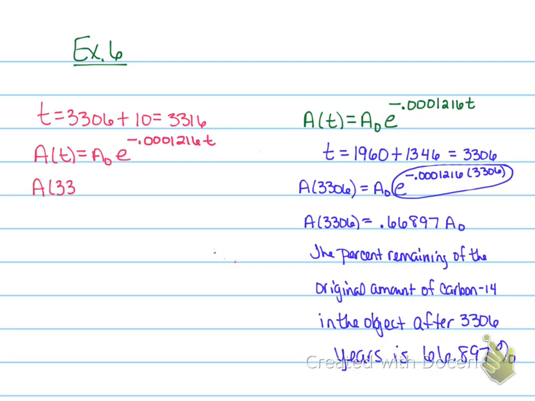So the amount that should be remaining after 3,316 years is equal to the original amount times e raised to the negative 0.0001216 times 3,316. And just like we did before, we're going to work out the exponential part. That number is going to give me 0.66816, and that's going to be times the original amount.